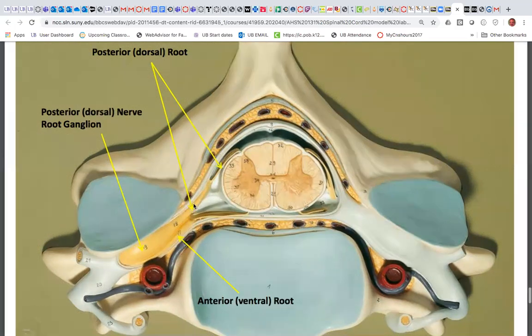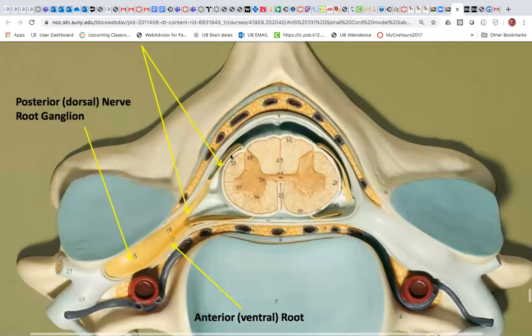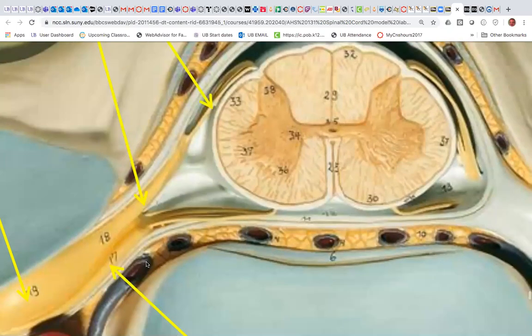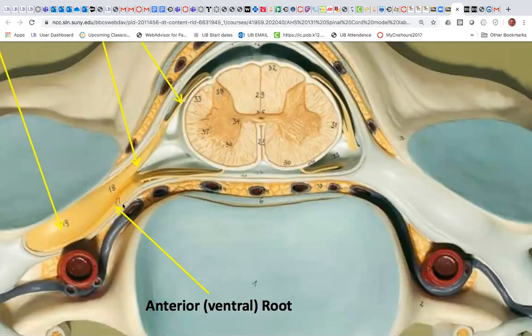The arrow here, I would say, is the dorsal root, and then this arrow would be the dorsal rootlets, right? The smaller ones. If you look in there, they're much, much smaller. Those are rootlets. That's the root. Here, it's nicely labeled where number 17 is the ventral root or the anterior root, and then here would be the ventral rootlets, the smaller ones.